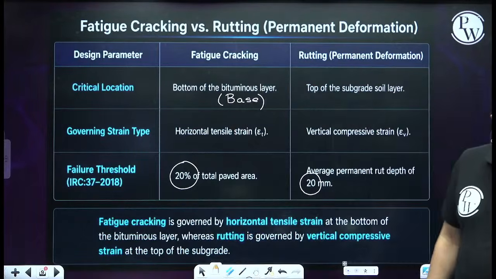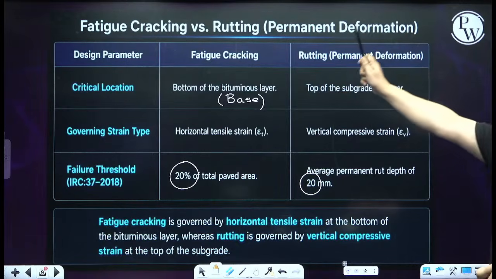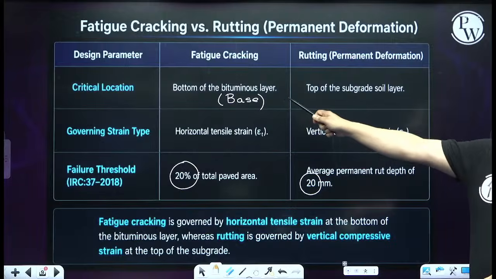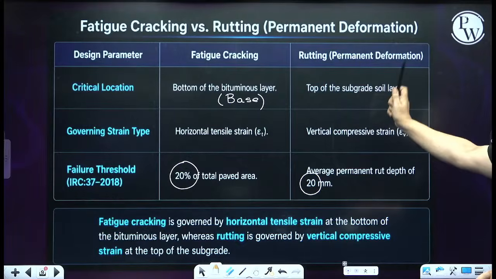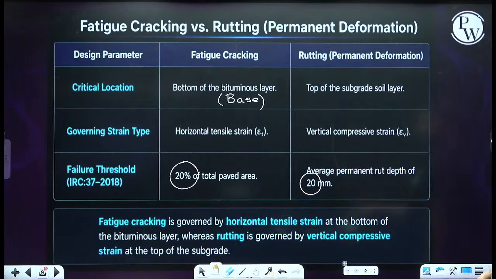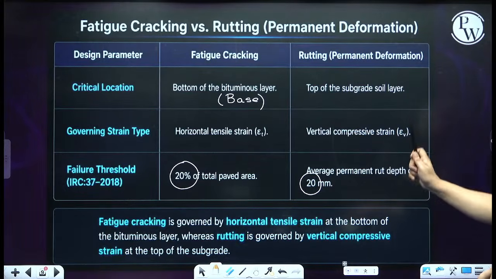I will again highlight this. First of all, this is fatigue cracking, this is rutting. For fatigue cracking, the location is the bottom of the bituminous layer or bottom of base layer, and rutting is top of subgrade. I have already shown the diagram. Then fatigue cracking is horizontal tensile strain, and rutting is vertical compressive strain.